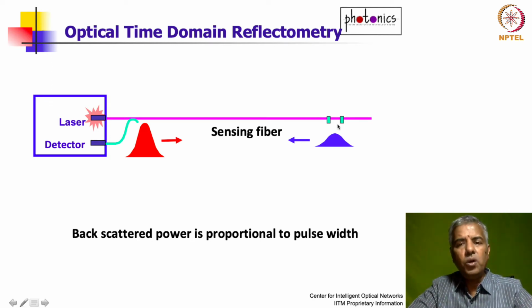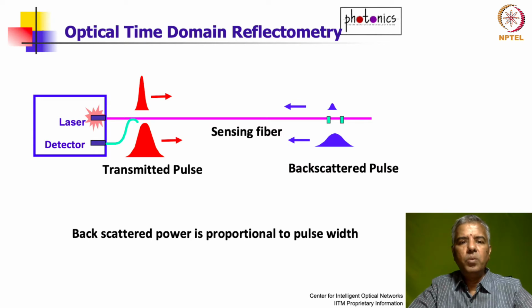If you want to resolve those two events, what would you do? Well, you could go with a shorter pulse. If you have a shorter pulse so that it's occupying a distance that's lesser than the smallest distance you want to resolve in the fiber, then you could potentially resolve these two events.